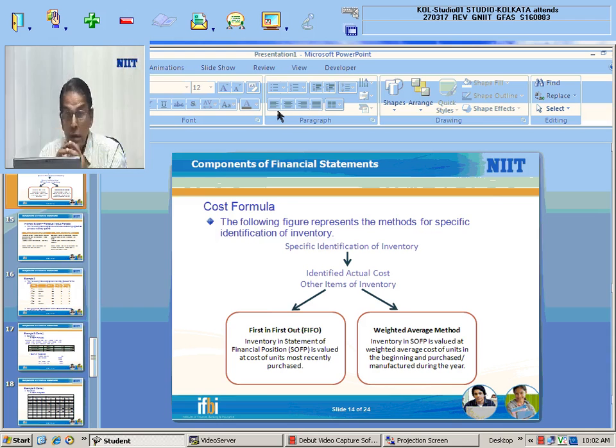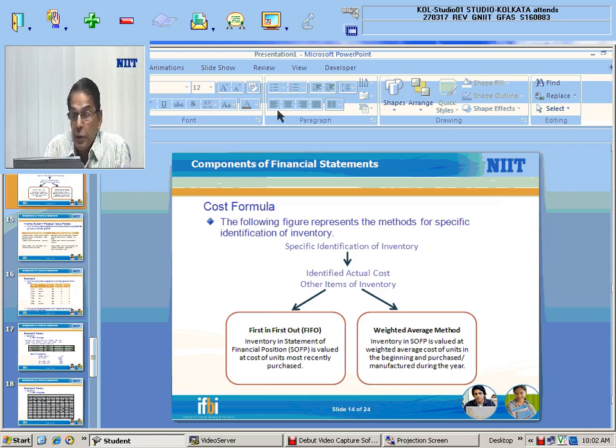So, for determining cost, there are two methods. For items where specific identification of inventory and its cost is not possible, we have the first in, first out method and the weighted average method. Please remember, there is a third method called last in, first out. IFRS doesn't allow the last in, first out method to be used.